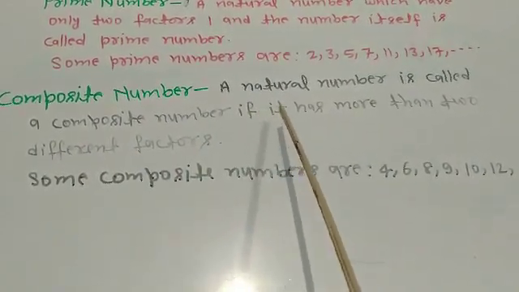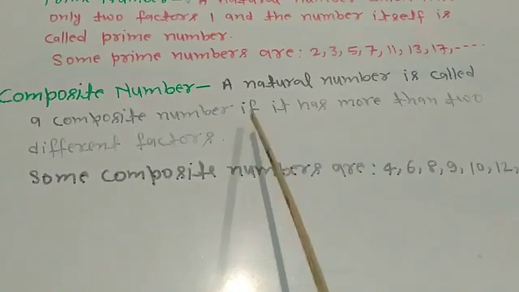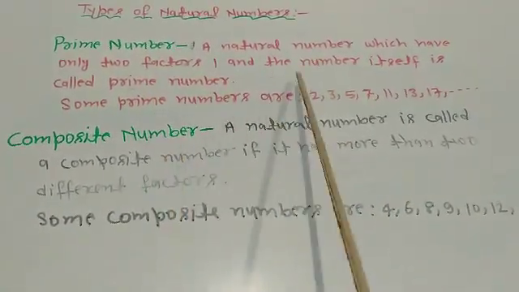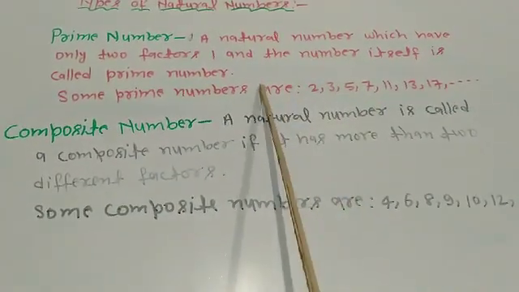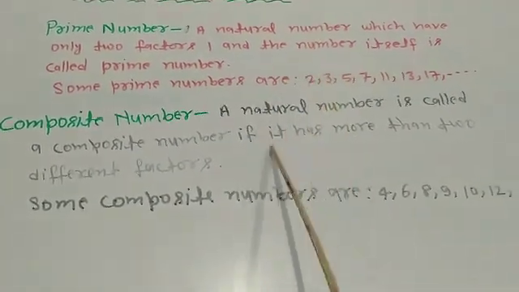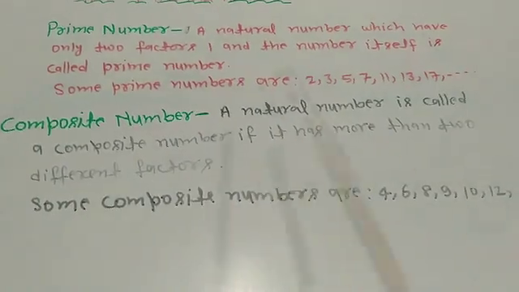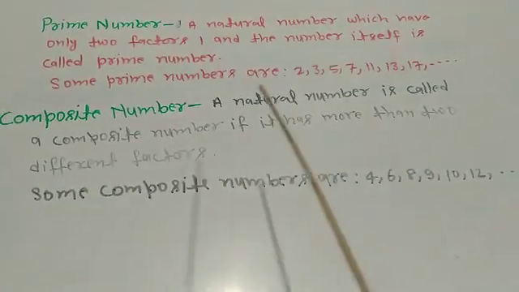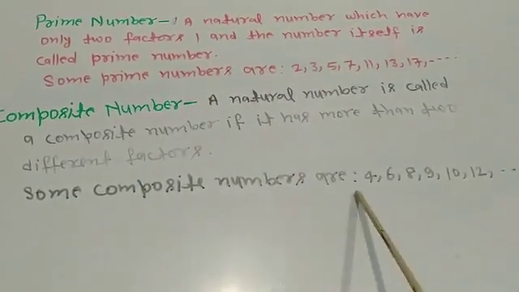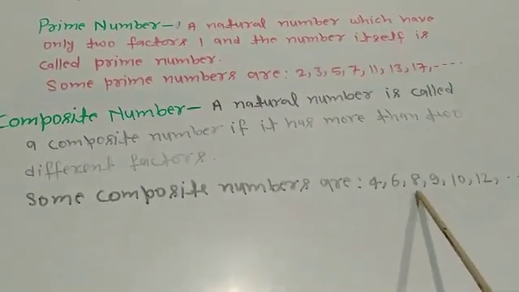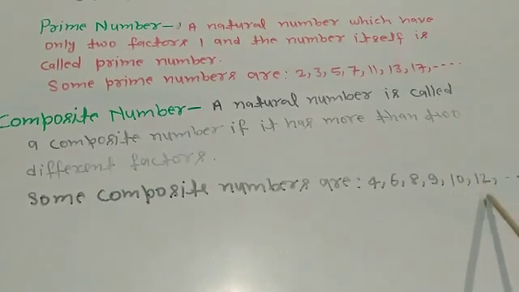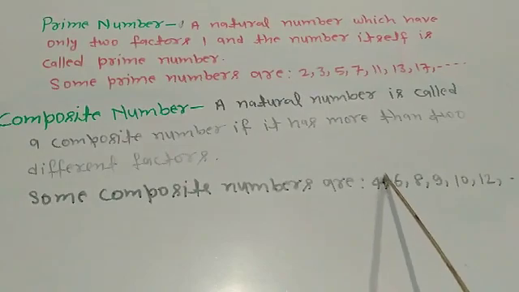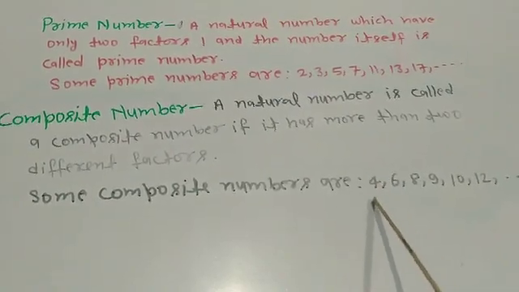But in the case of prime numbers, a number which has only two factors is called a prime number, and a number which has more than two factors is called a composite number. Some composite numbers are 4, 6, 8, 9, 12. So the smallest composite number is 4.